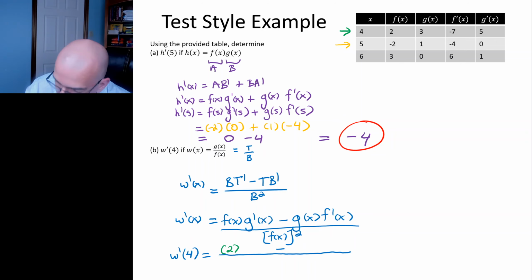Then g prime of 4 is 5. G of 4 is 3. And then f prime of 4 is negative 7. And then all divided by f of x all squared, f of 4 all squared. So that is 2 all squared.